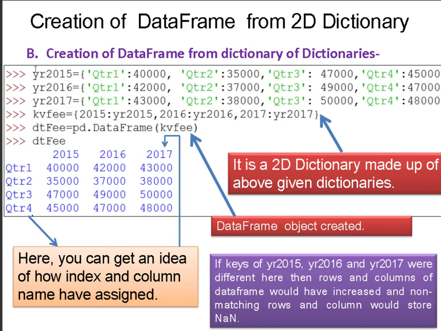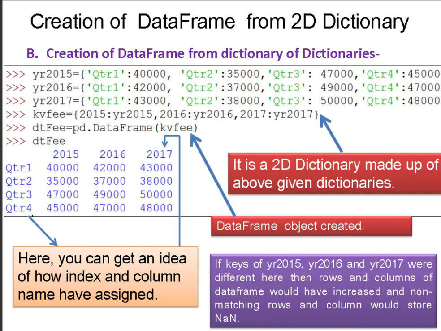So in this example, I have the data of the years 2015, 2016 and 2017. In 2015 I have the records of the quarterly fees collection: first quarter, second quarter, third, fourth, as it is clear.